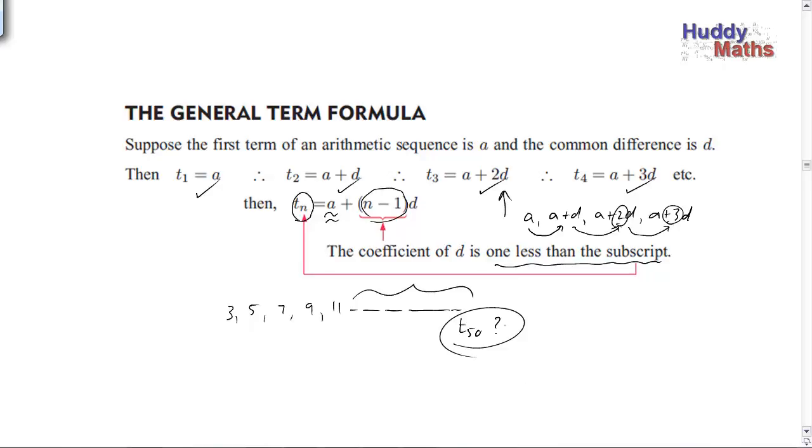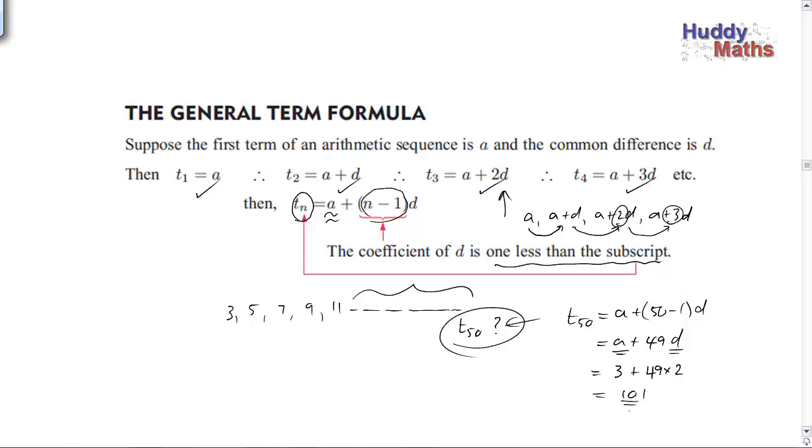So if I want T50, that'll be the first term, and 50 take 1, so 49 D. Okay, so if I knew for my sequence A and D, and I do, A is the first term, plus 49 times the difference, is 101.